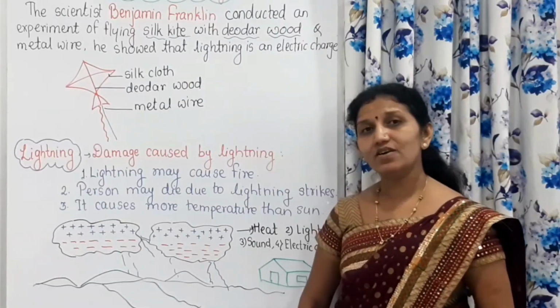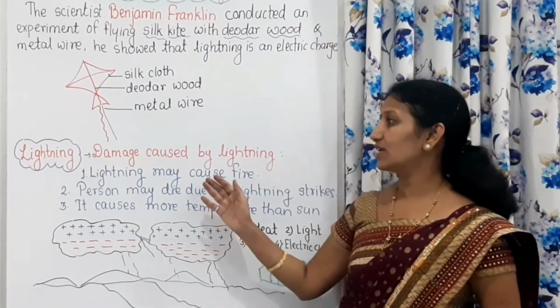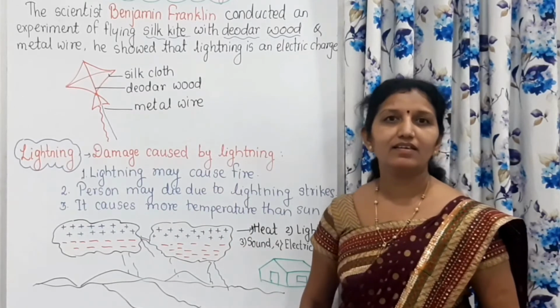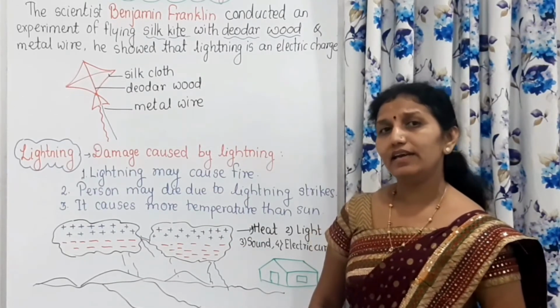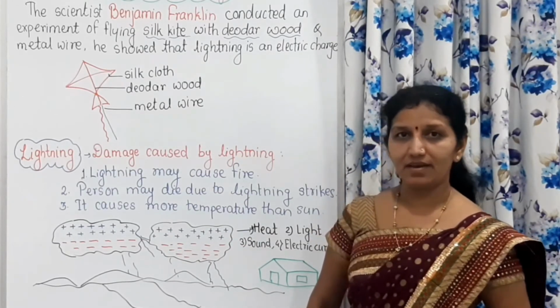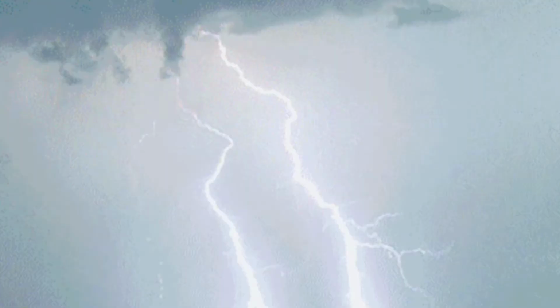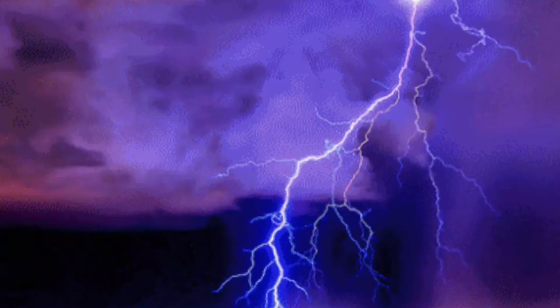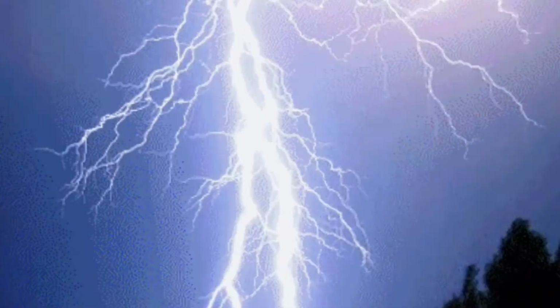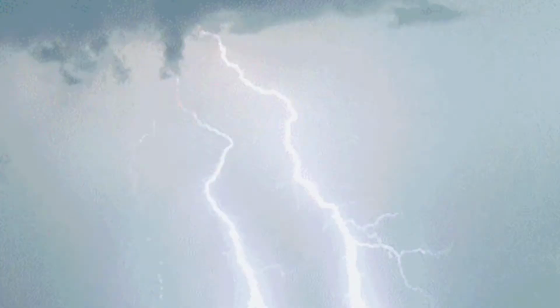Children, just now we have studied the damages that are caused due to lightning. But lightning may be useful sometimes if it is not that dangerous. How? It brings a tremendous amount of heat and light along with it.